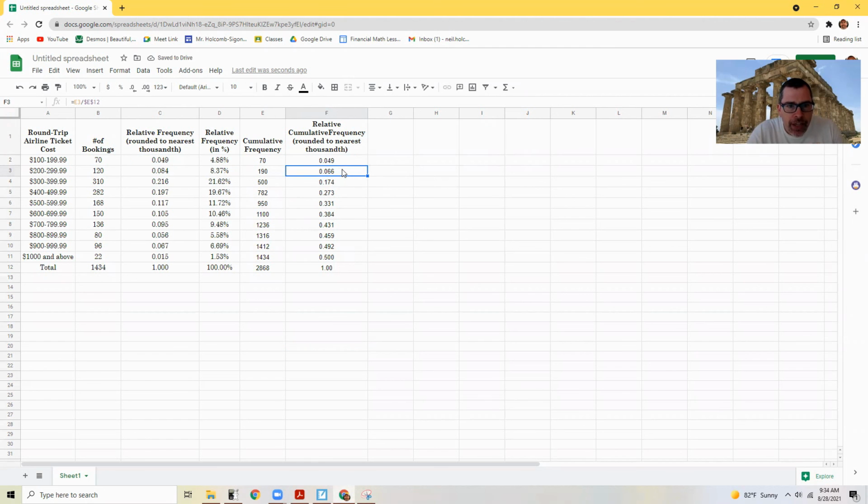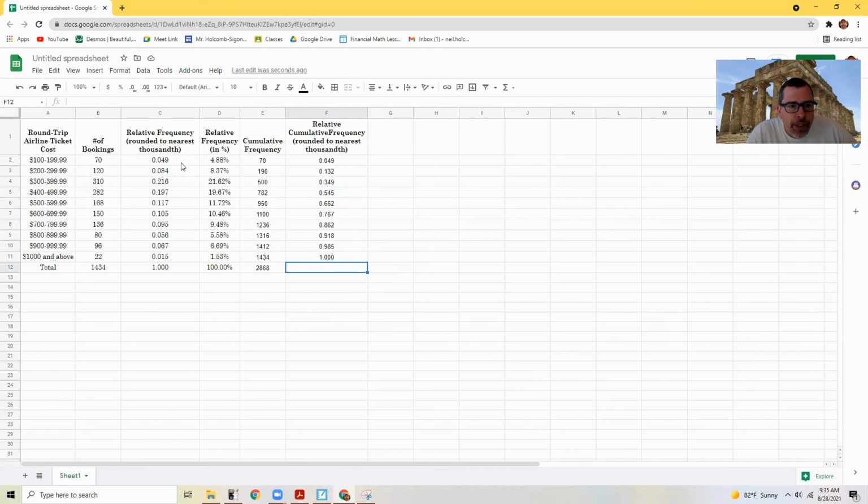Okay. Then I'm going to keep adding. So I want this cell to equal this cell plus the next one, 0.132. Okay, and then I want to drag that down. Let me delete this one. So that should always total 1 right here.